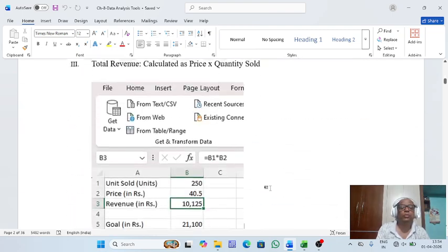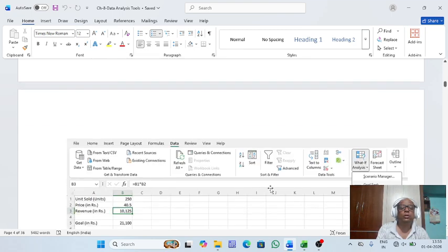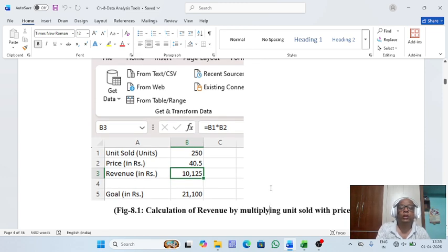Now suppose I take this example. Currently units sold is 250 at the rate of 40.5, so revenue is 10,125. How is it calculated? 250 into 40.5 is equal to 10,125. The question is, if you want a revenue goal of 21,100, then how many units must be sold?